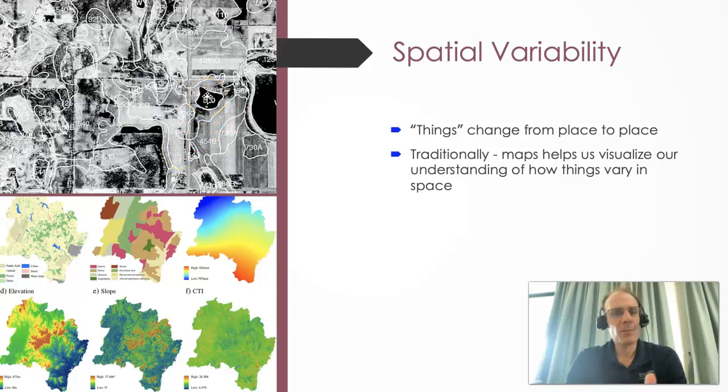If we look at these maps, we can see that we have different land use and different soil types. This one shows precipitation changes across the area. This one is elevation, the change in height. This is slope, where we have steep slope and shallow slope. We use several of these maps to show that it really does change as we move around.